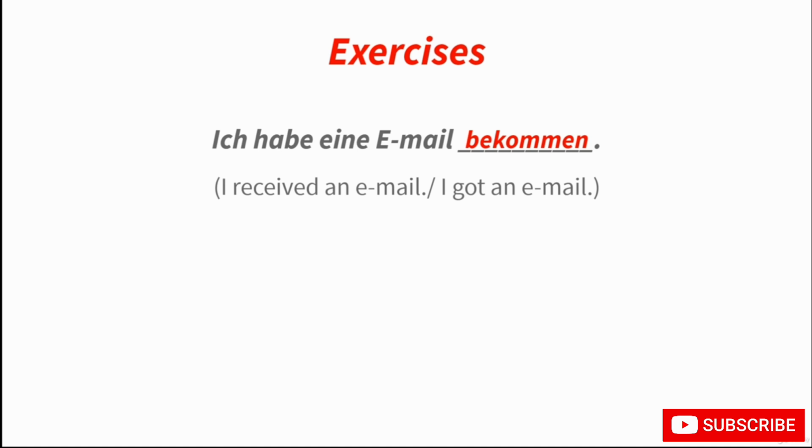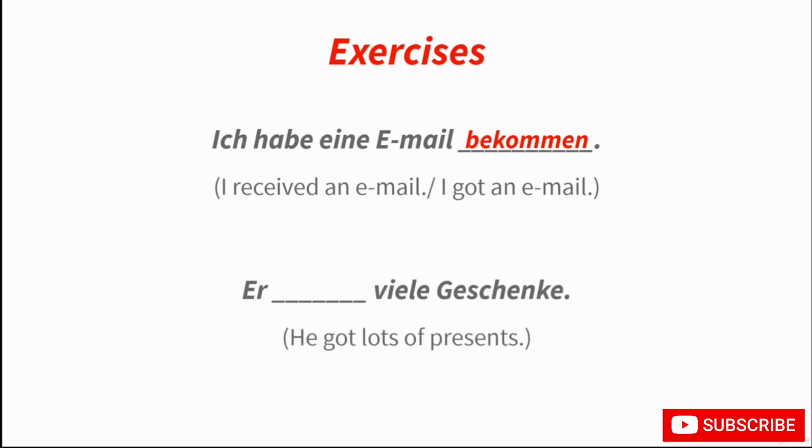Another example. This sentence means he got lots of presents. What do you think is the answer? It must be bekommen, because the sentence is in the past, the Präteritum is used in this sentence.